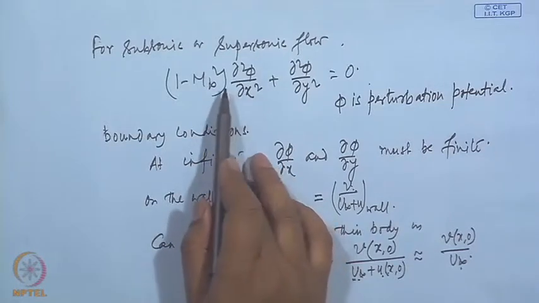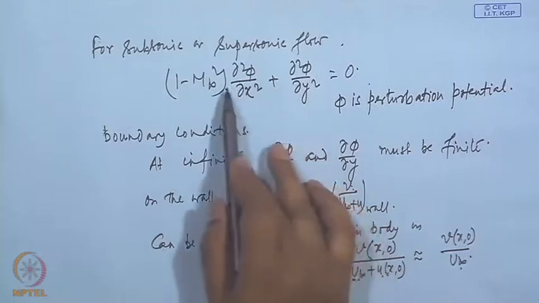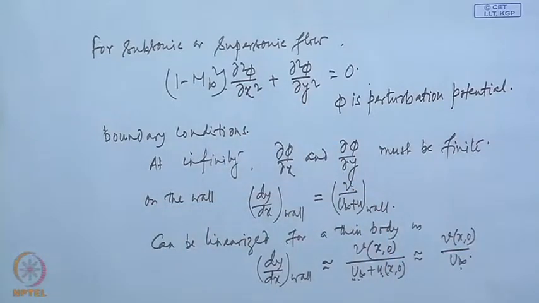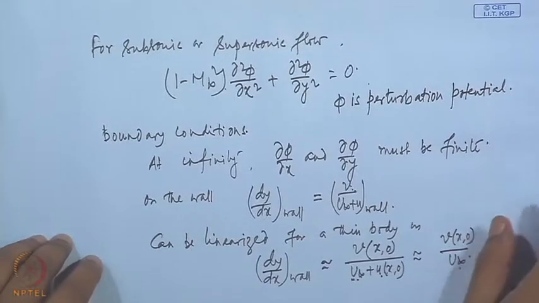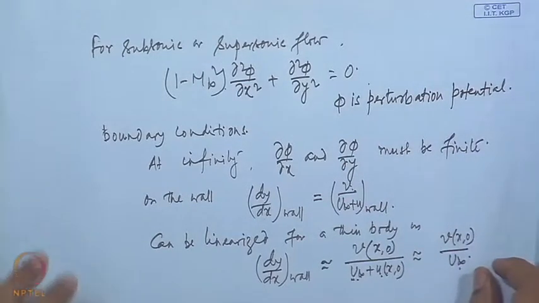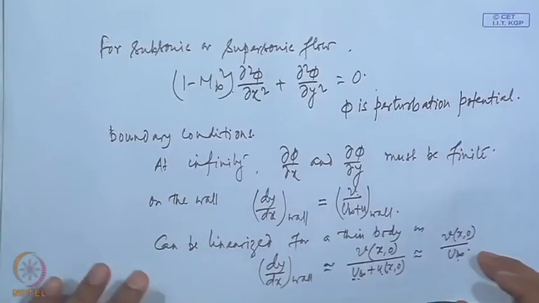When M infinity is less than 1, both the terms are of the same sign. However, when M infinity is more than 1, the two terms are of opposite sign, and this essentially changes the nature of the partial differential equation that we have here.